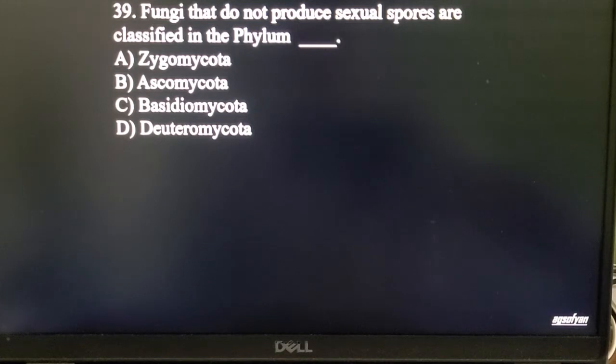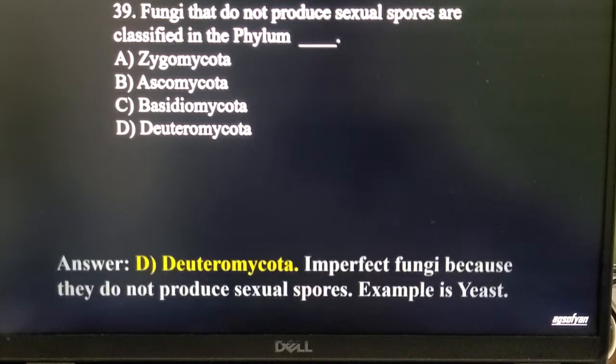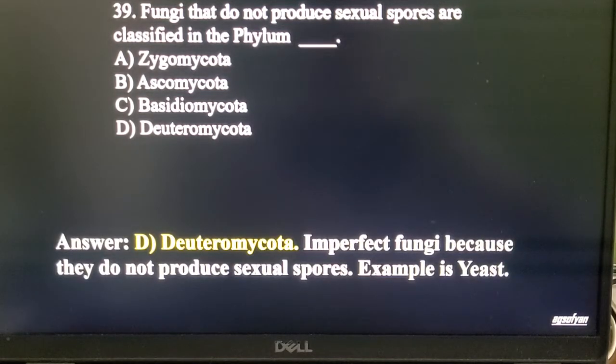39. Fungi that do not produce sexual spores are classified in the phylum Zygomycota, Ascomycota, Basidiomycota, or Deuteromycota. Choose your answer. The answer should be Deuteromycota. Now you have to study fungi classification here.